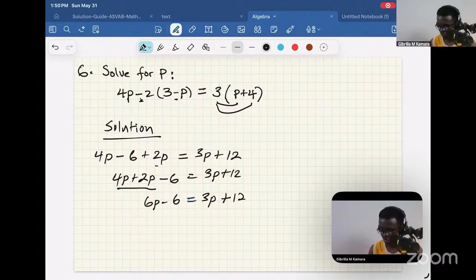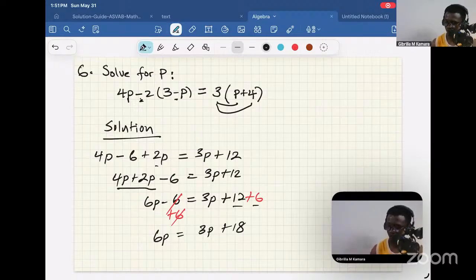Next thing you want to do, you collect like terms. So from here, you add plus 6 here. This cancels this. You are left with 6p equals 3p plus, if you add this and this, gives you 18.